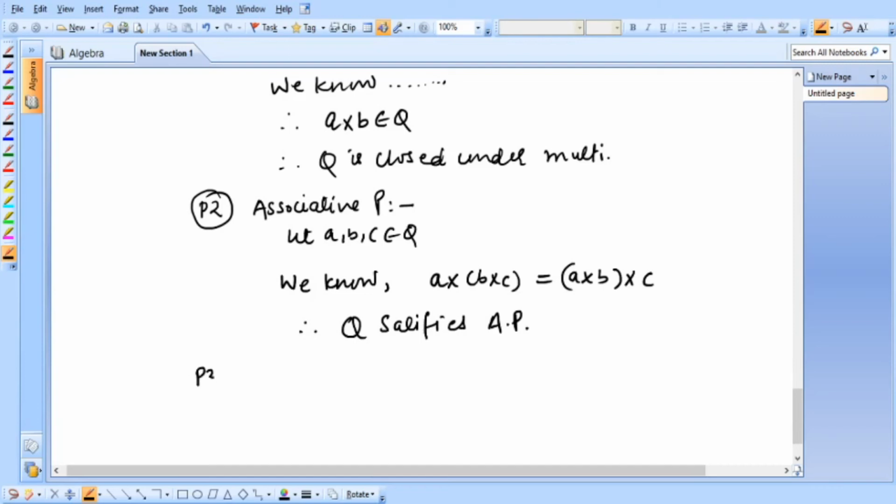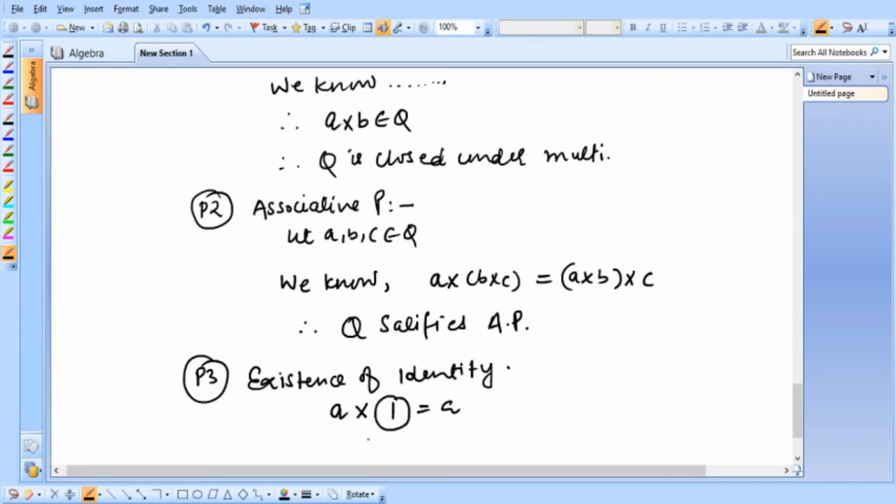Property 3 now, existence of identity. So students, I would like to ask you, what is that element which when multiplied with a yields a again?